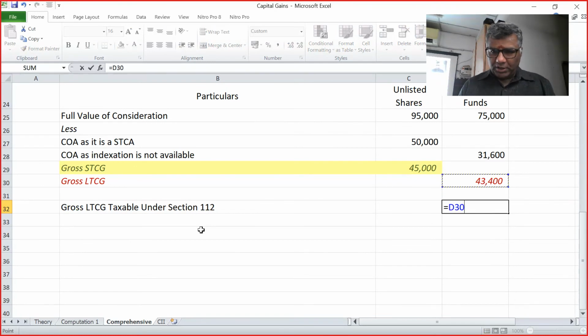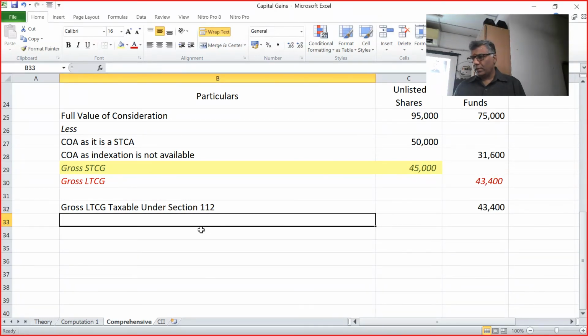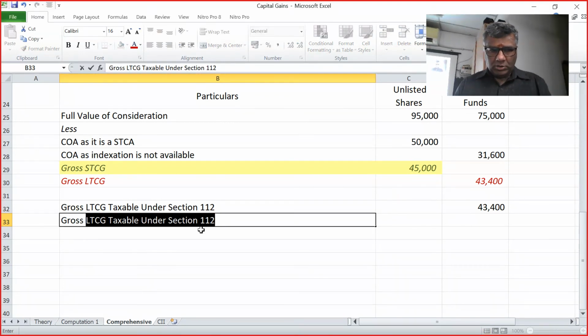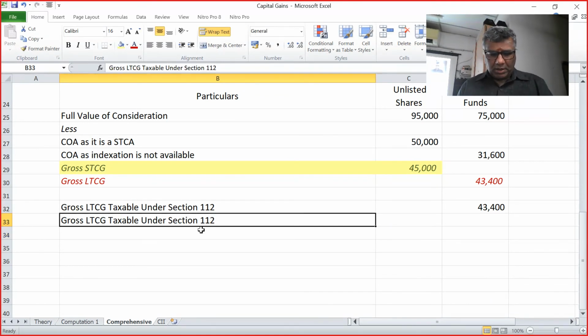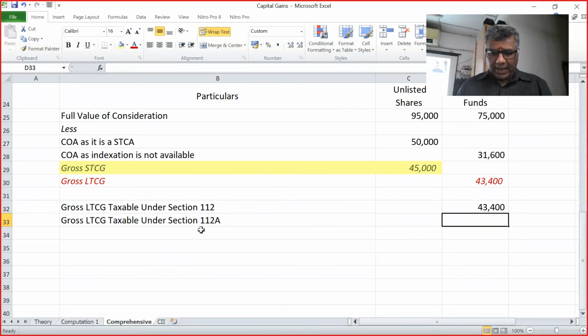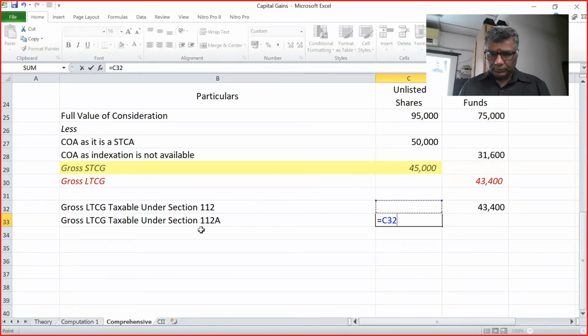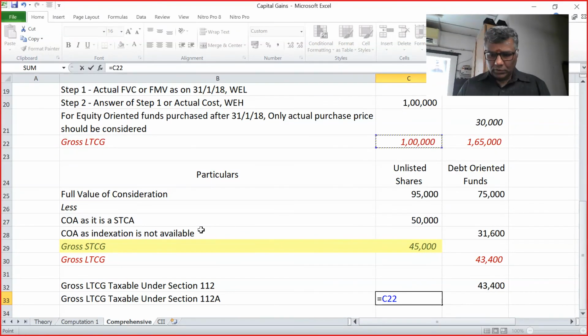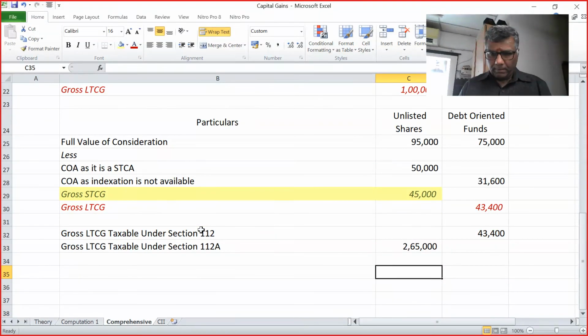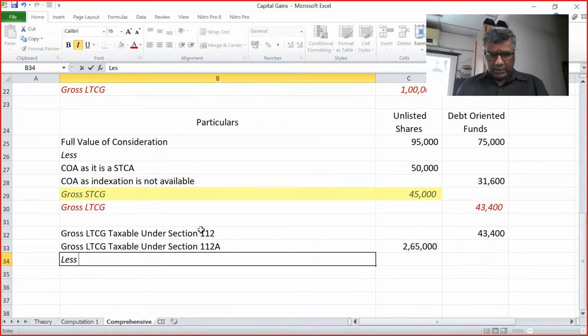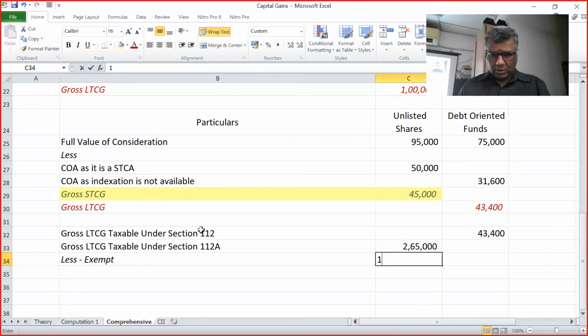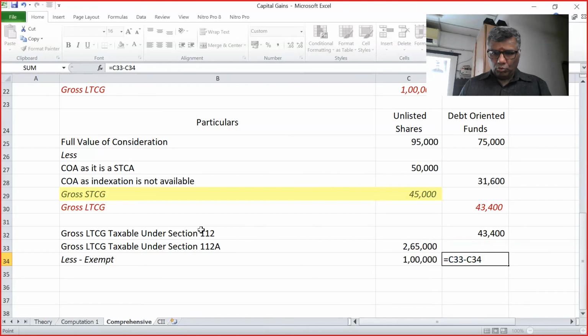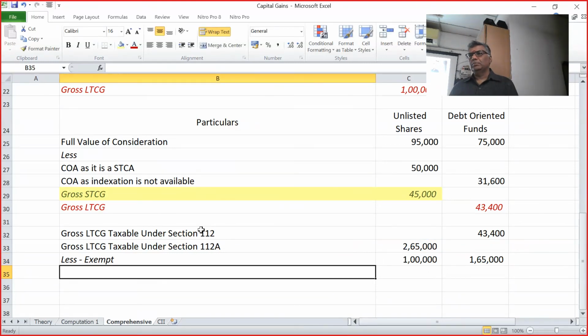Gross LTCG taxable under 112A: 1 lakh plus 1,65,000, less exempt 1 lakh. So taxable portion will be 1,65,000. Gross STCG 45,000.